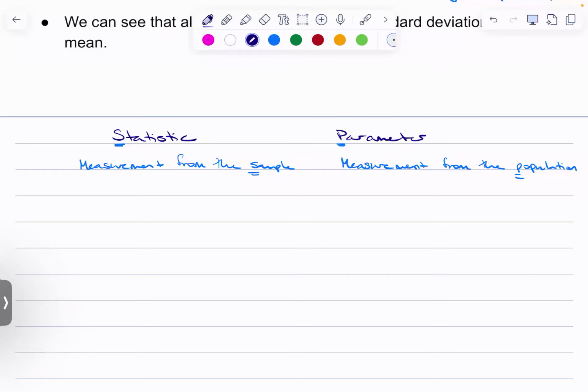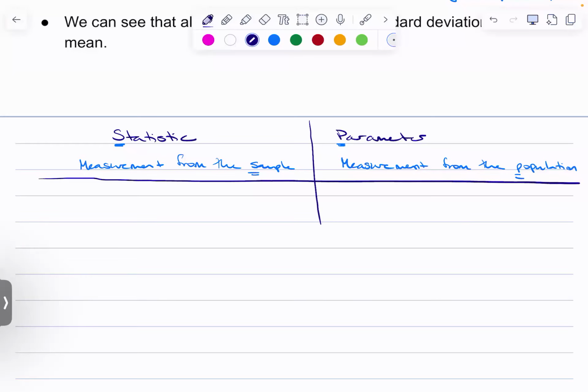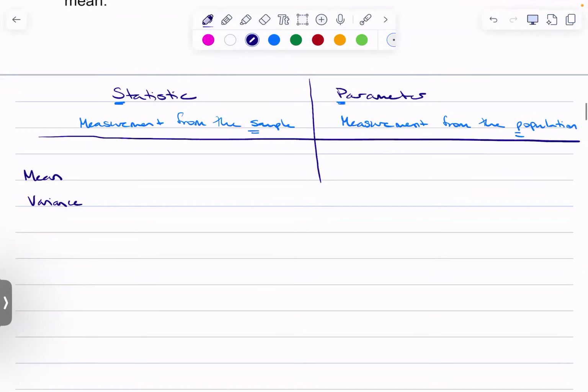For each of these, if you've collected a sample, then we can calculate the mean, the variance, and the standard deviation.